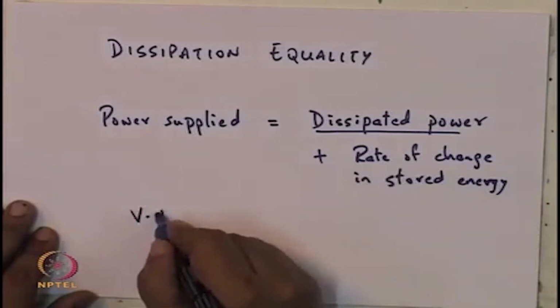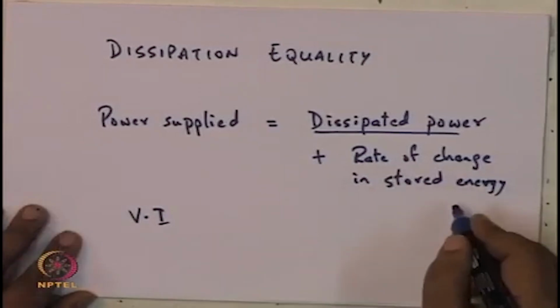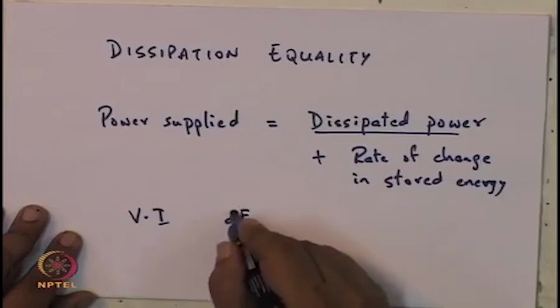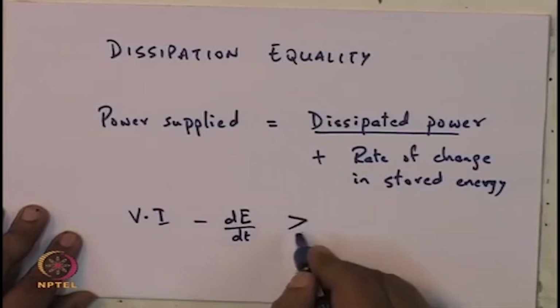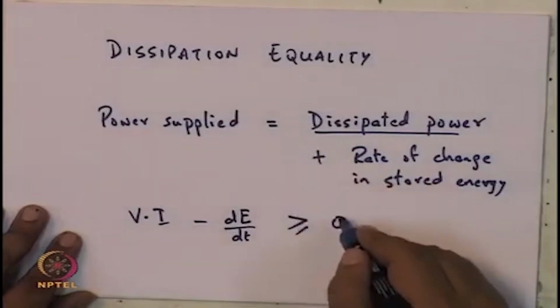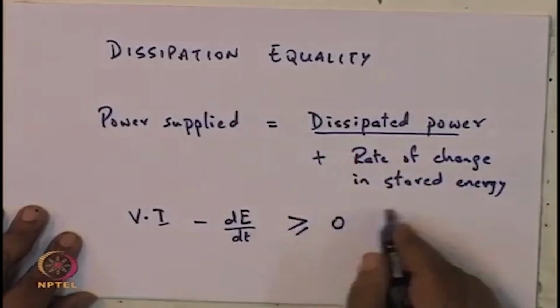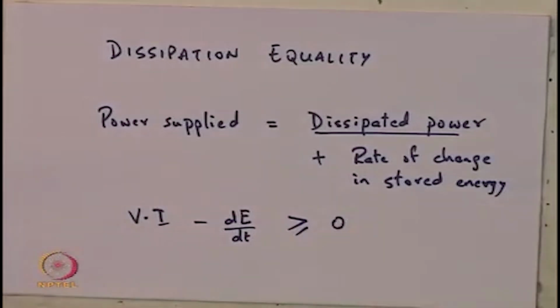The power supplied is V dot I, and the stored energy is denoted by E, then dE/dt. So, V I minus dE/dt is greater than or equal to 0. This is in fact equal to the dissipated power, and the dissipated power is always a positive quantity.